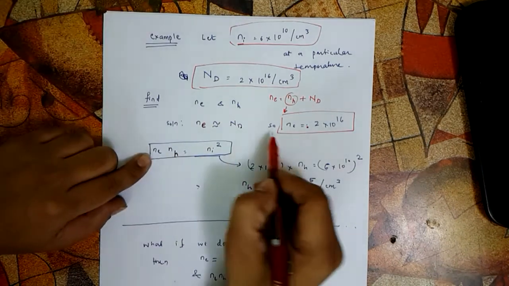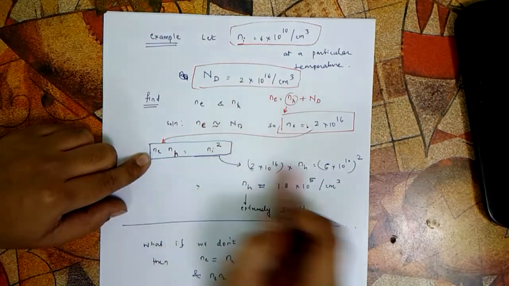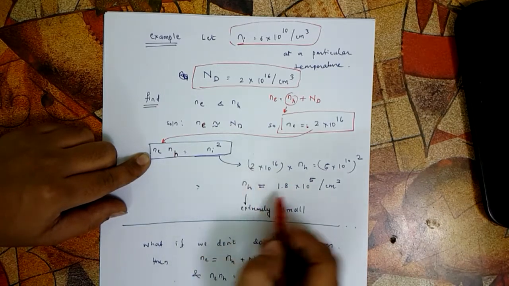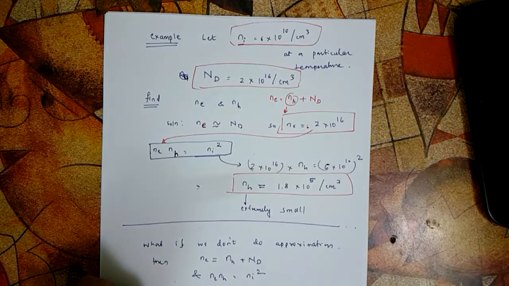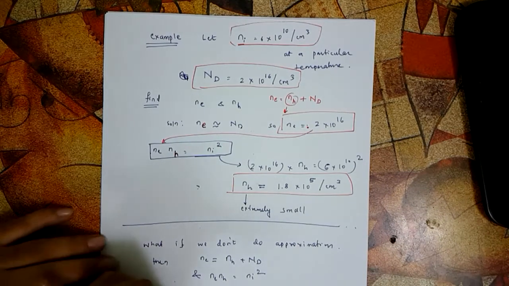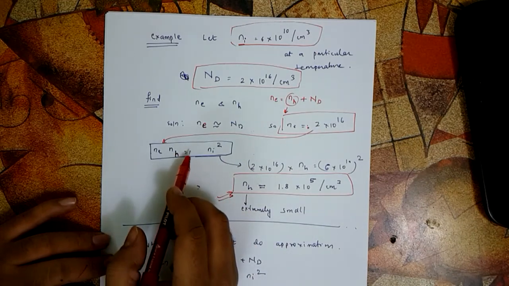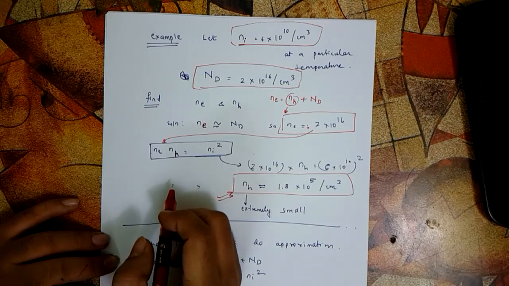So number of electrons, if we substitute it here, and Ni is 6 into 10 is to 10, so square of that, so 36. So what we will get is Nh, and this Nh will come out to be somewhere around this. And so we say that the number of holes had decreased a lot, and number of electrons have increased a lot, and their product is still Ni square.